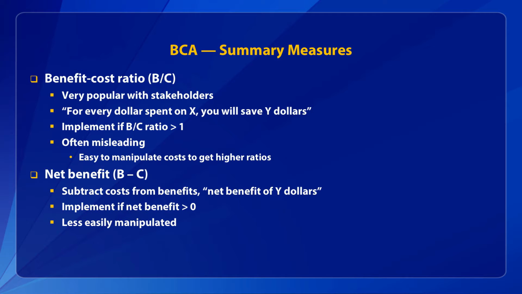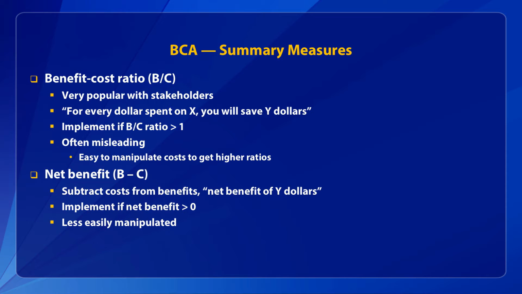In other words, it's easy to manipulate how costs and benefits are described to get the ratio you want. In the same way, the ratio can be manipulated to show a bigger return on investment than really exists, again, by labeling costs as negative benefits or labeling benefits as negative costs.